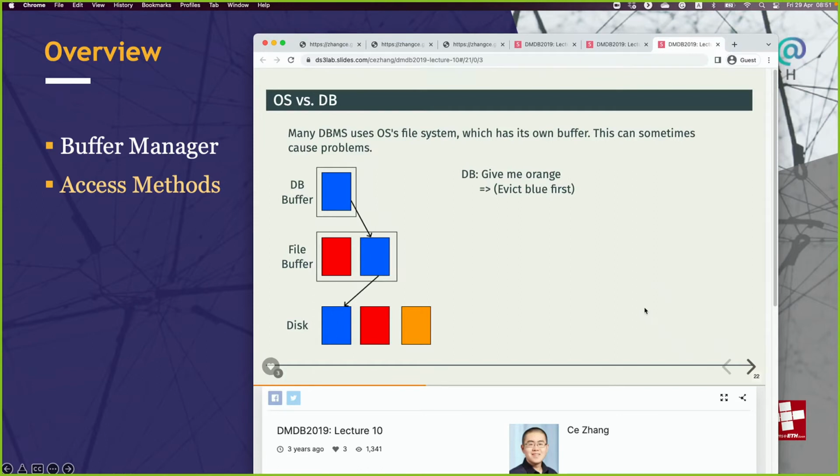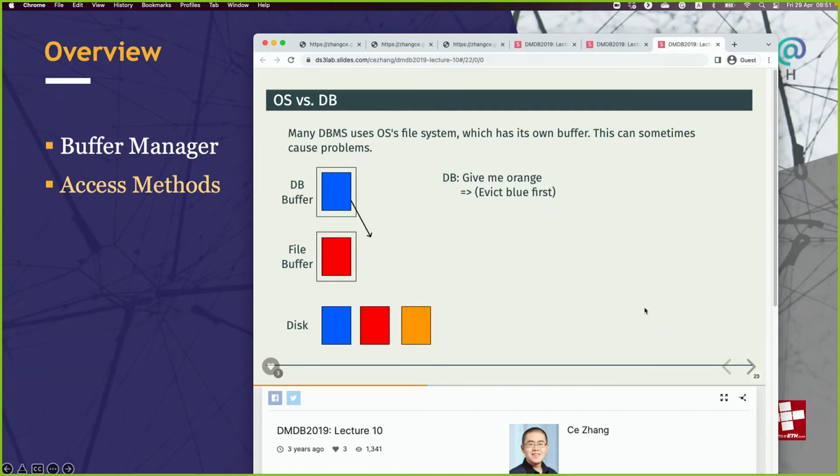So essentially, you have this interaction between these two different buffers. And sometimes when you have a small buffer, for example, one page in the database buffer and one page in the file cache, and then you say, I want the orange one, the database will say, okay, I want to evict this blue one. So what the operating system needs to do is to bring this blue page from the disk to the file cache to make sure it can update it and then flush it back.